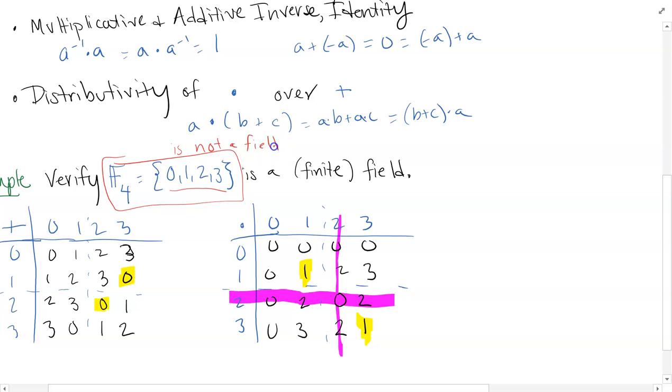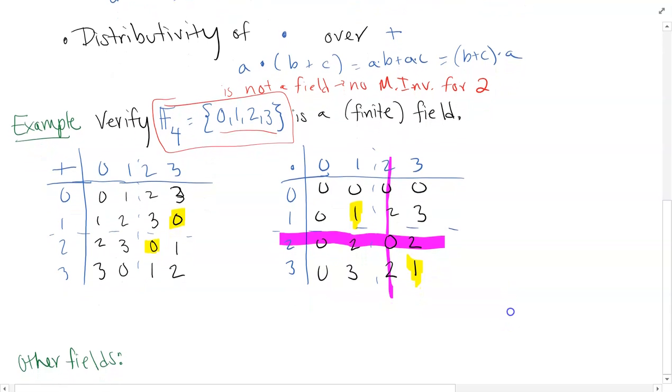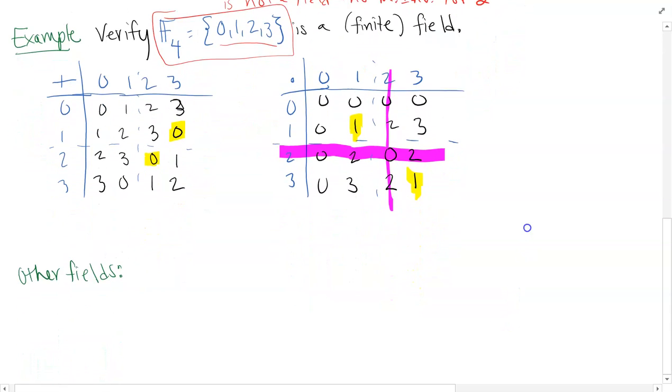It violates the multiplicative inverse property. Okay, so no multiplicative inverse for 2.